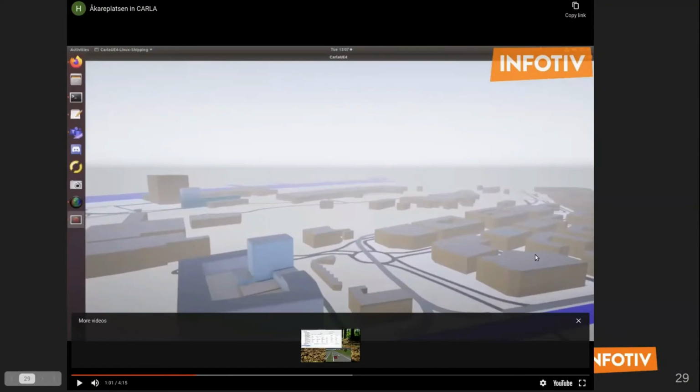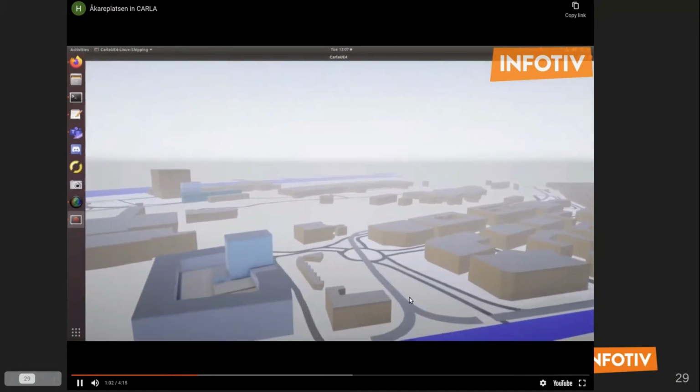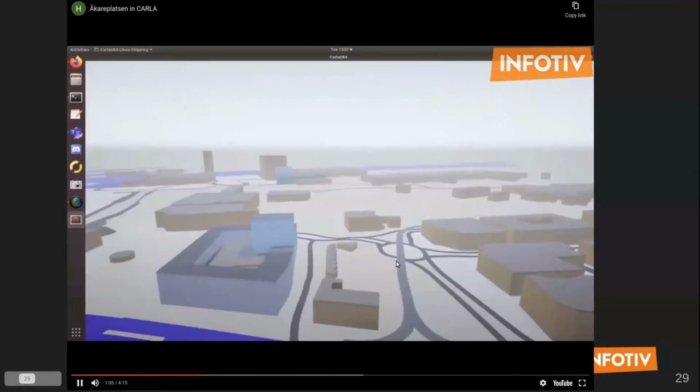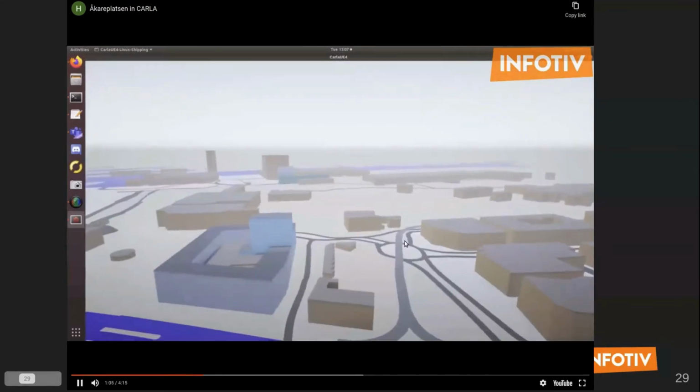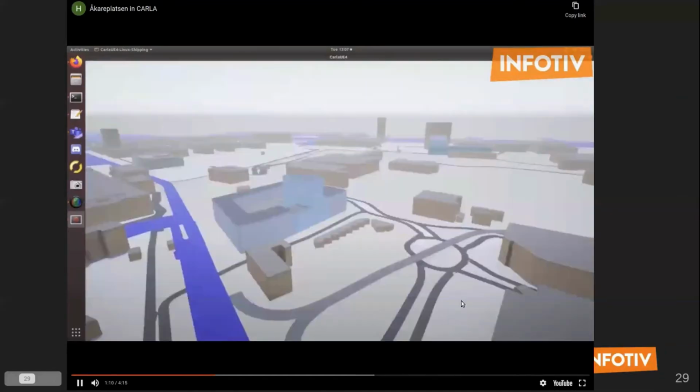Right now, you see that buildings have no texture and they're like wooden blocks, but you can easily replace them with other 3D objects. And these roads, these shapes of roads, are described in the OpenDrive format.